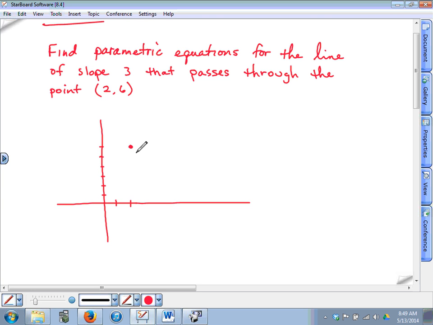So if we start at the point (2, 6) and then move to the right, according to our information, it has a slope of 3. So using that information, let's plot the direction of this line. A slope of 3 means what?